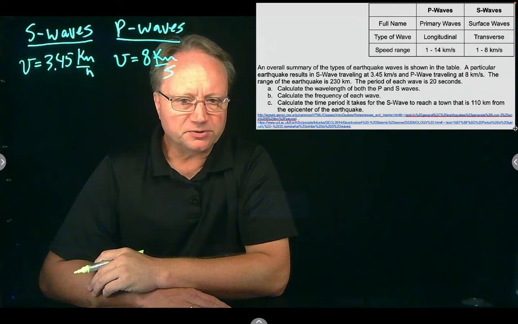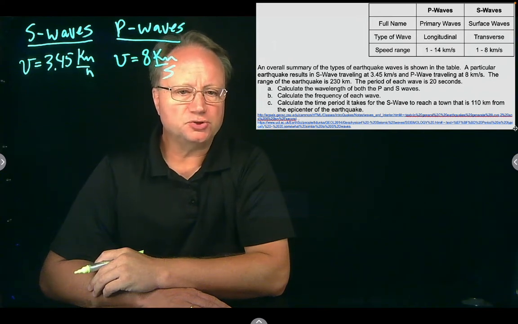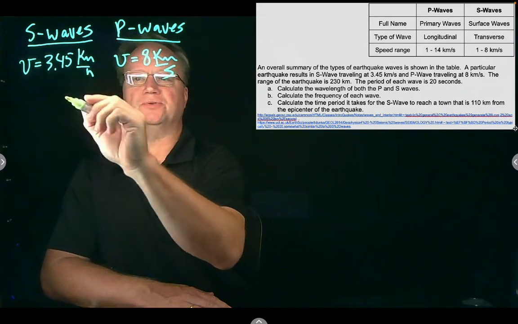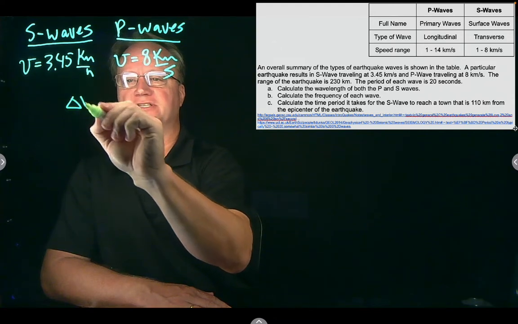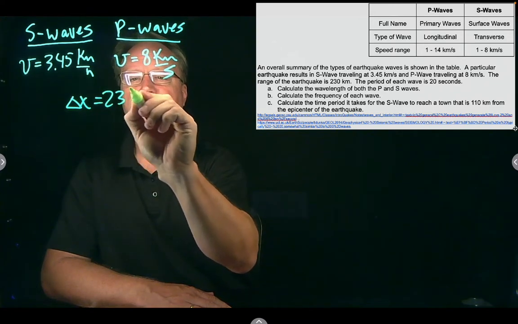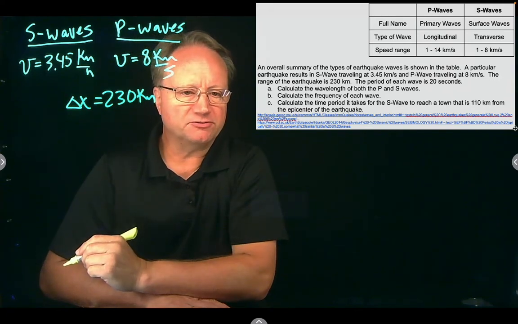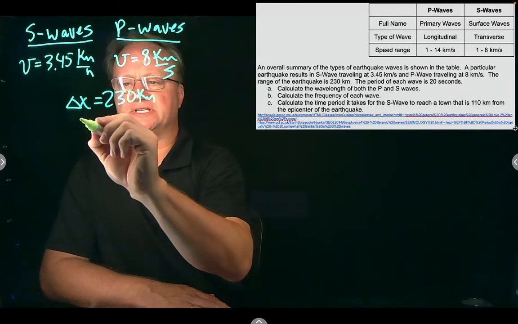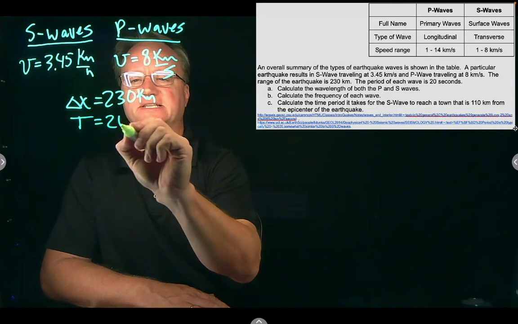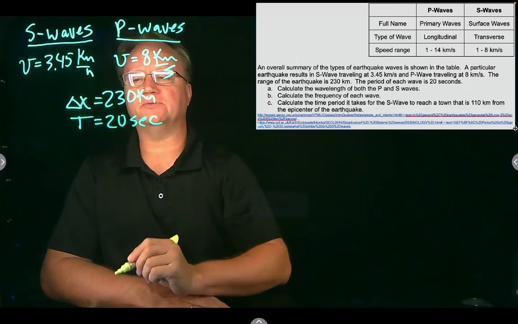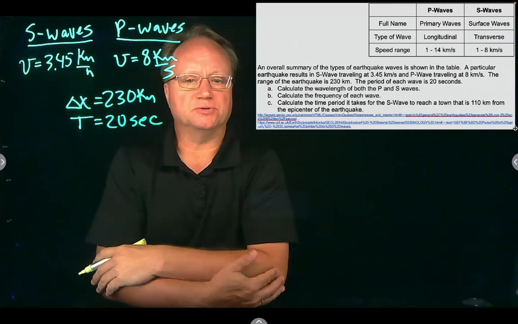We also know that the range of the earthquake is 230 kilometers, so that'll go for both of them. So I'll just put that in the middle. And that the period for each wave is 20 seconds. The period, that is the time for one complete wave, and our symbol is a capital T.